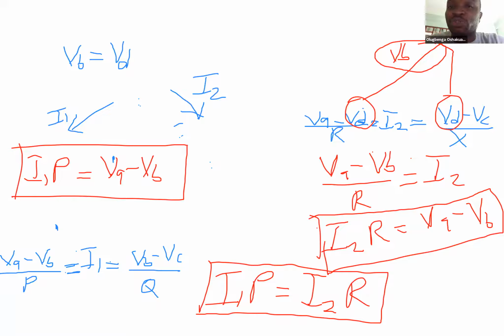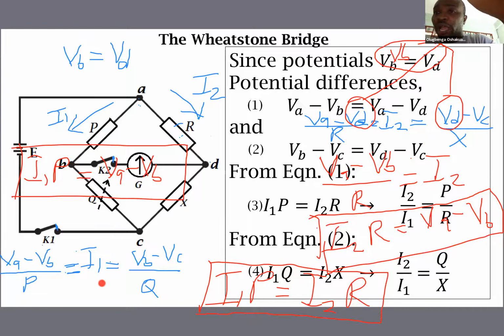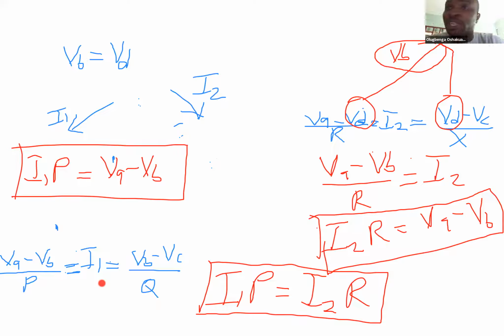And similarly, just like we have treated the left hand side of this expression, we can also treat the right hand side similarly. Then we obtain I1Q to be equal to I2X.